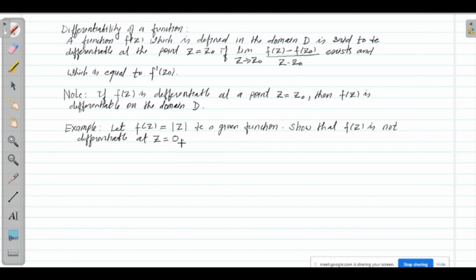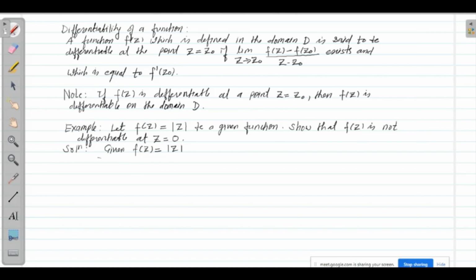Getting? So solution, or you can say the proof of this problem. What is given to you? Given that function f of z equal to modulus of z. Okay. Now, what is the definition of differentiability of a function?